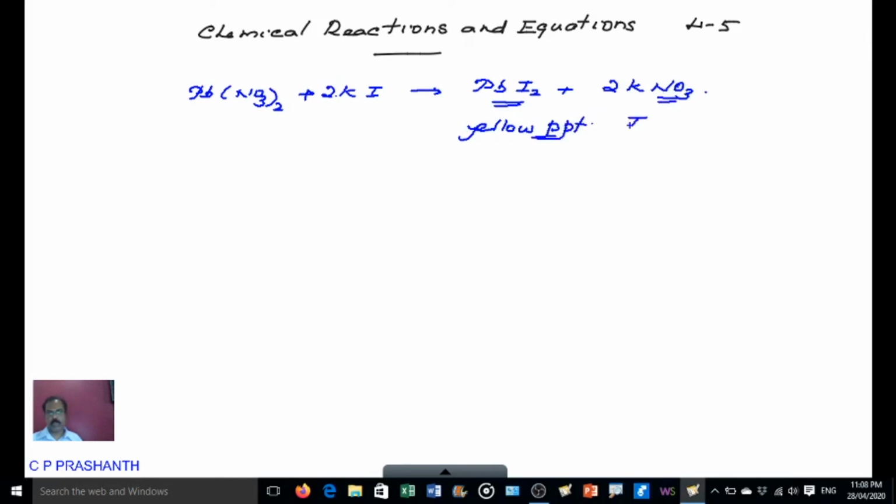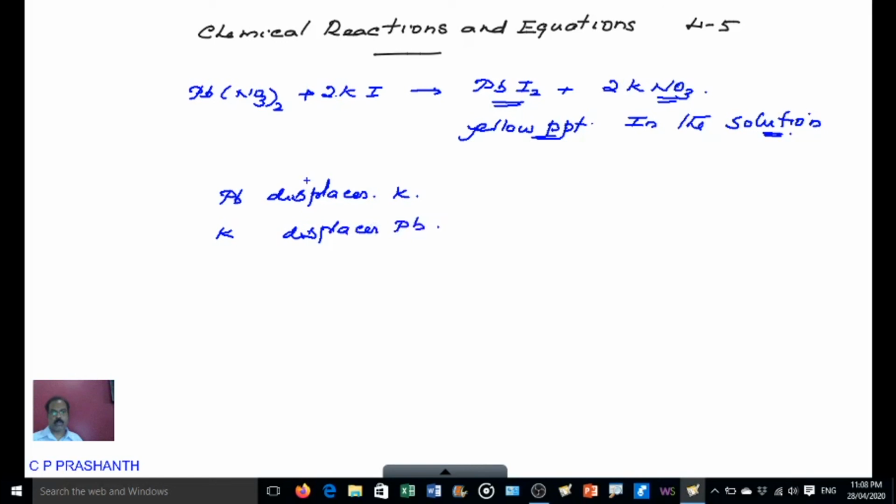Potassium nitrate will remain in the solution. So here again you can see lead is displacing potassium. Lead displaces potassium, and potassium displaces lead. So as the name indicates, there are two displacements, so we call it double displacement. So such reactions are called double displacement reactions.